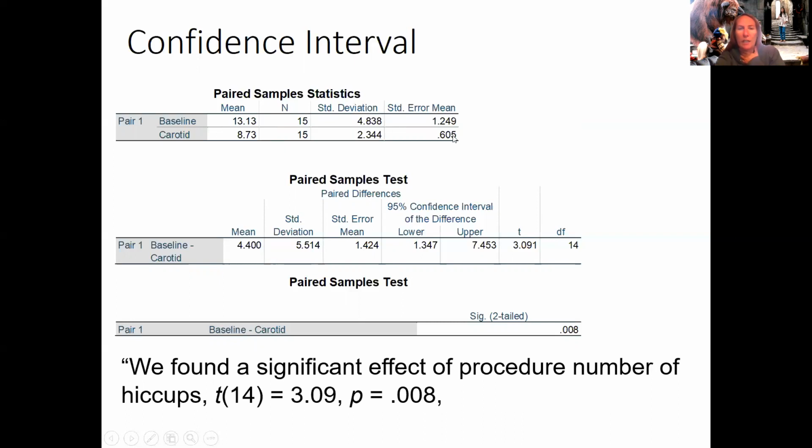Because it's a within design, we subtract these two from each other, and the mean difference is 4 hiccups. So in the population, people who received a carotid artery massage will have somewhere between 1 and 7 fewer hiccups than baseline.